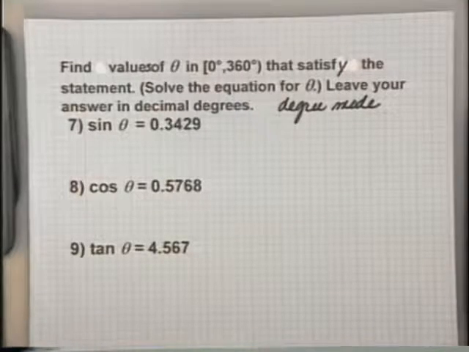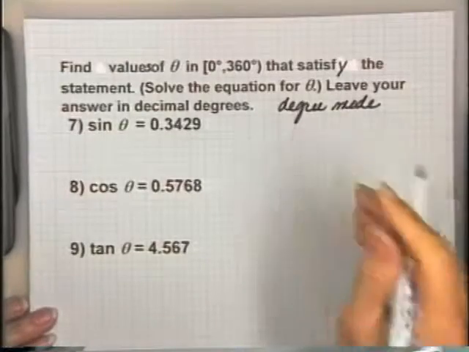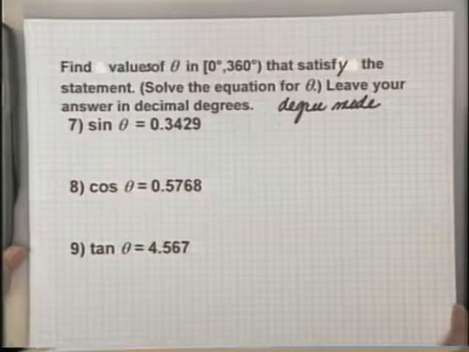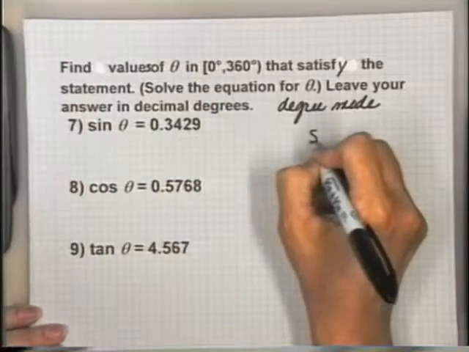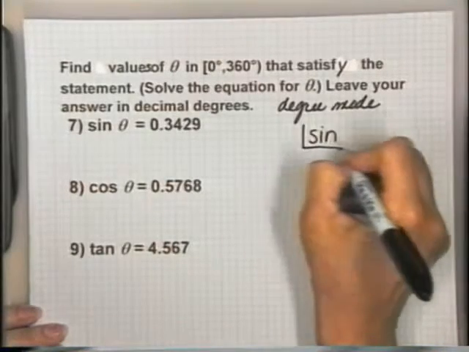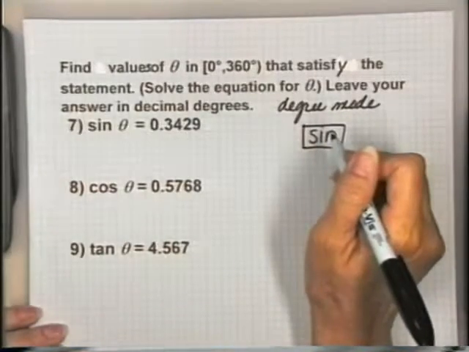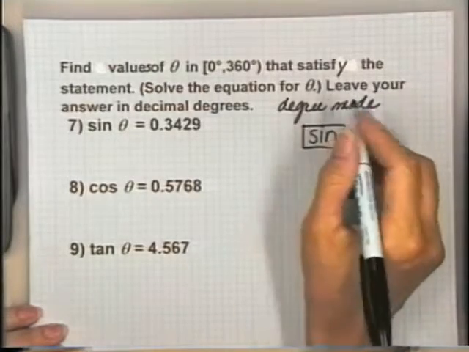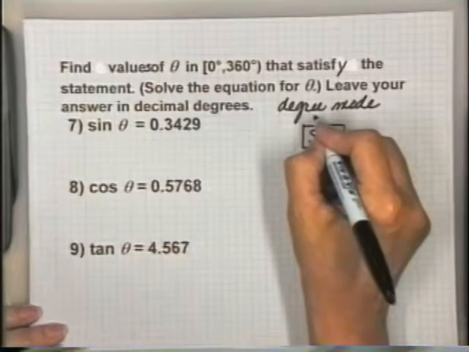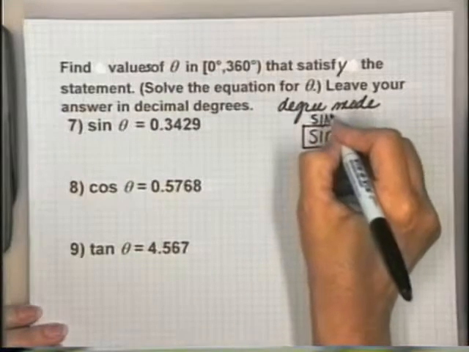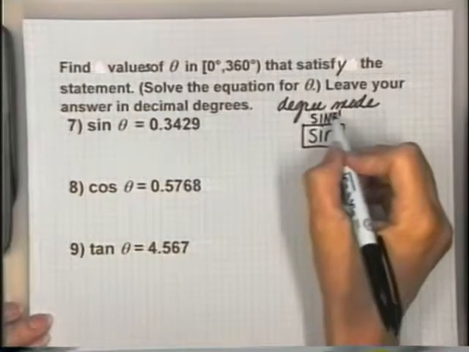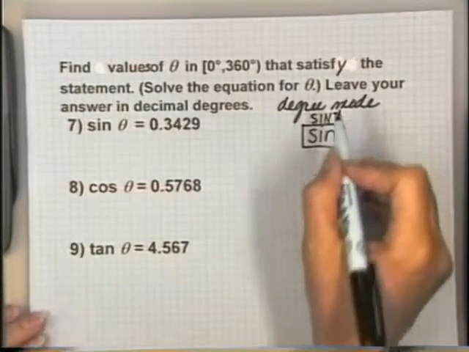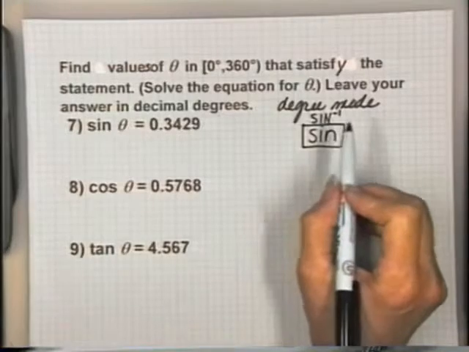Now, before we actually work on the calculator, I'd like for you to look at your sine button, and it doesn't matter which type of calculator you have. Most of them have that sine button, and then what do you see above that sine button? Mine has SIN -1. Now that -1 symbol does not mean the reciprocal.